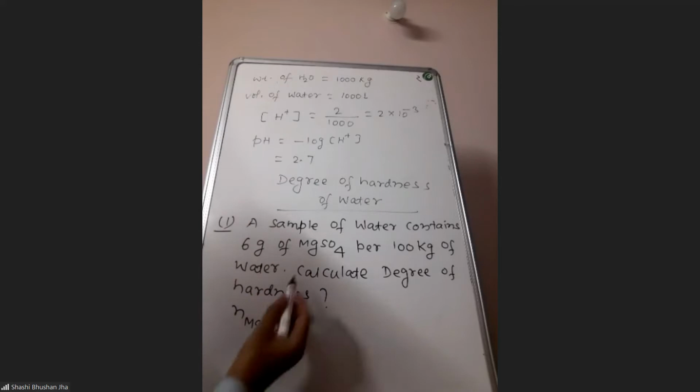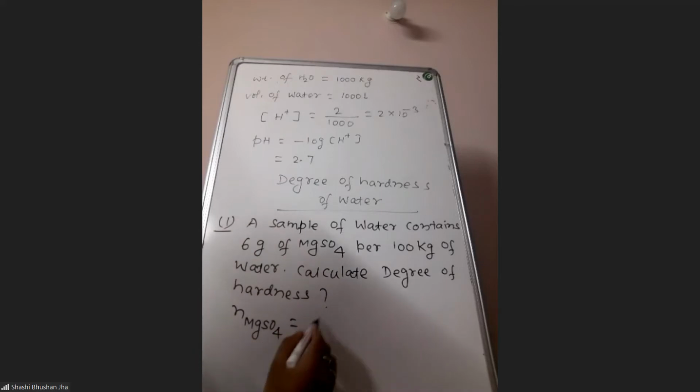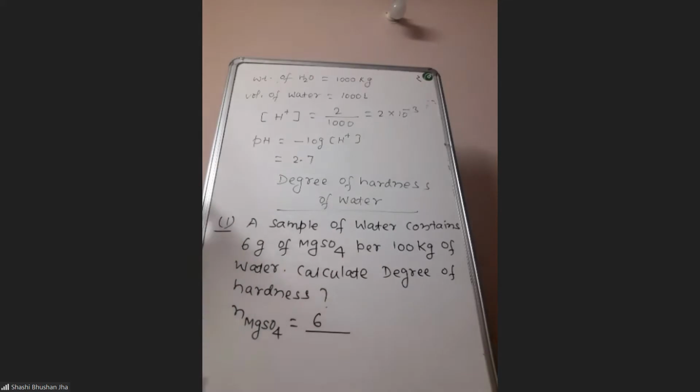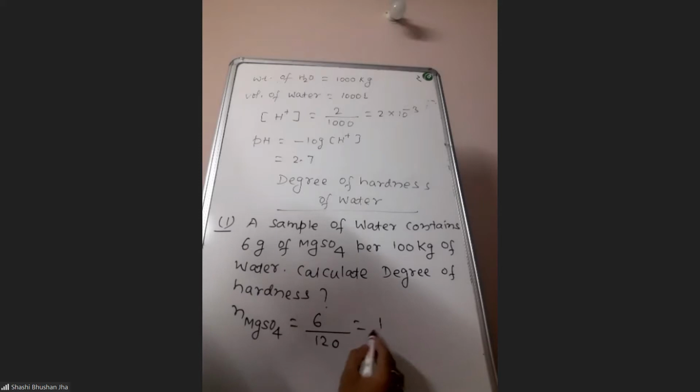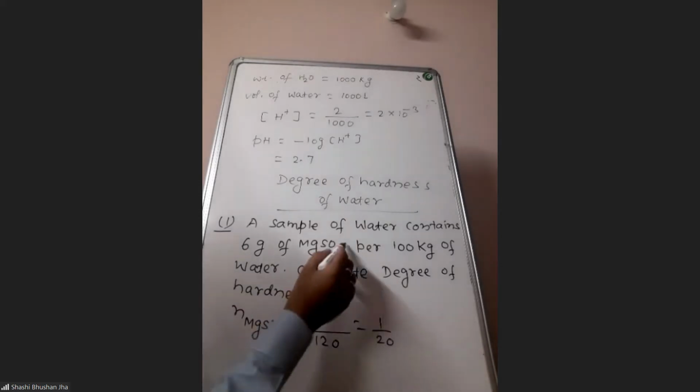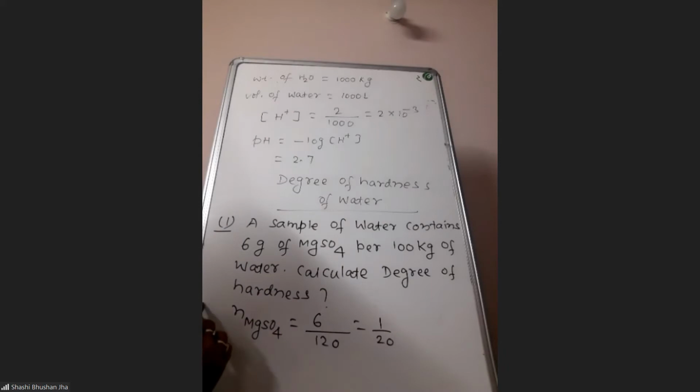So the number of moles of magnesium sulfate will be 6 divided by its gram molecular weight, 120. So this will be 1 by 20. Now, whatever number of moles of magnesium sulfate you have, that will be equated with the number of moles of calcium carbonate, because degree of hardness is always calculated in terms of mass of calcium carbonate.